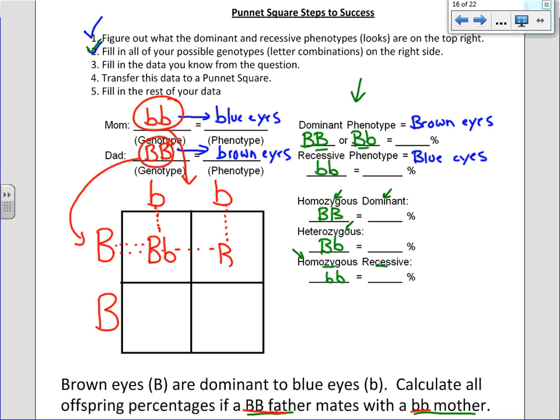In this box would also be big B, little b. Down here in this one, there's a little b on top and a big B on the side. You could write big B, little b. And in this box over here, there's a little b on top and a big B on the side, and so you'd write big B, little b. Now it does not matter if you write little b, big B, or big B, little b. It means the same thing, as heterozygous is heterozygous.